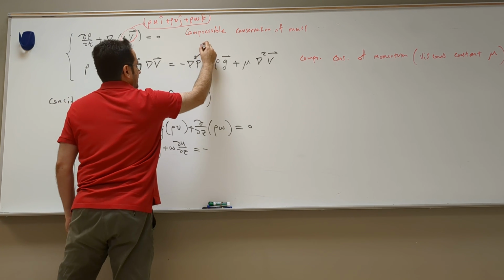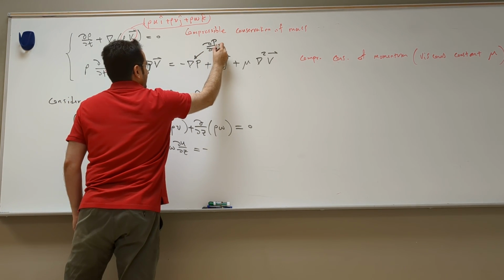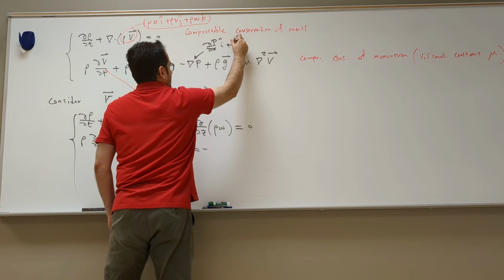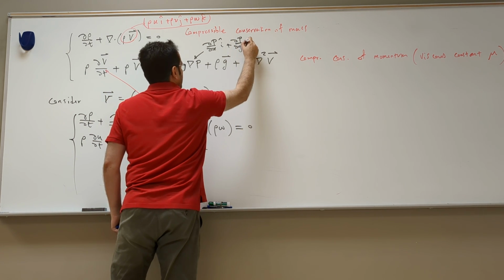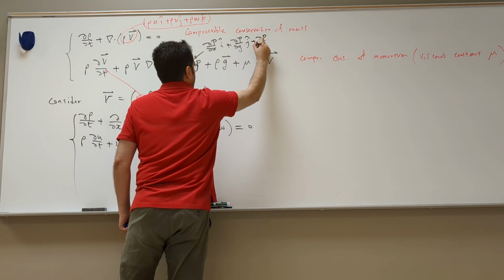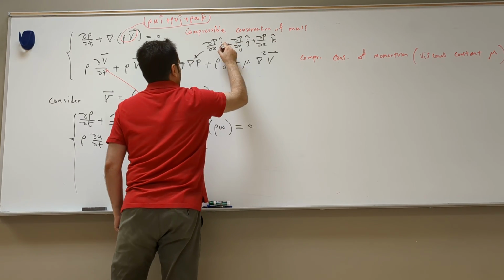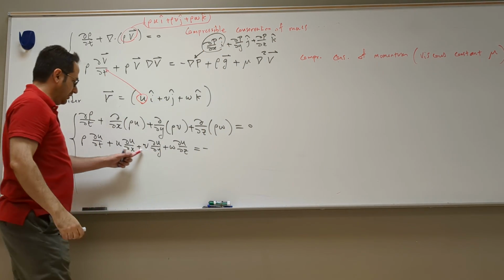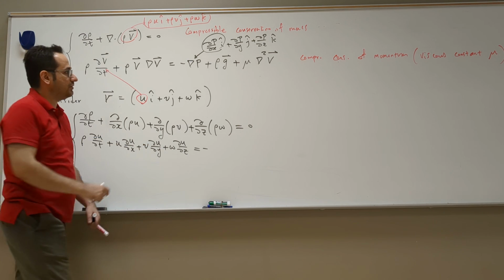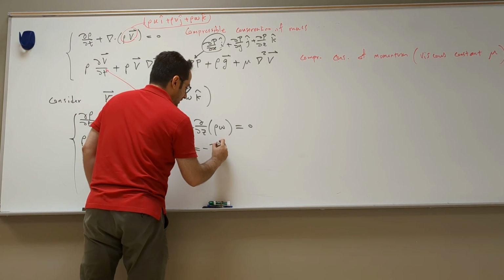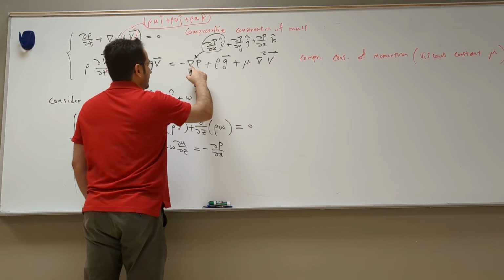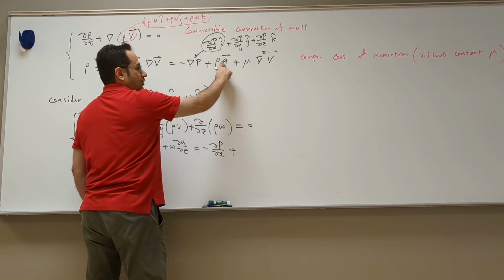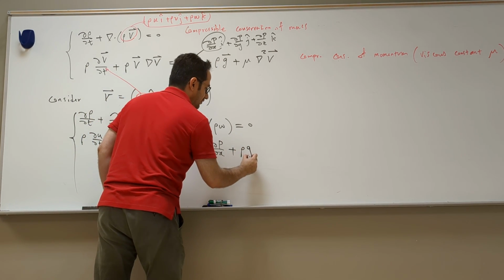You see, this is dp/dx i, dp/dy j plus dp/dz k. But you are only concerned about the i component. This is just the u, i component, right? So you get negative dp/dx plus rho g, rho the x component of g.